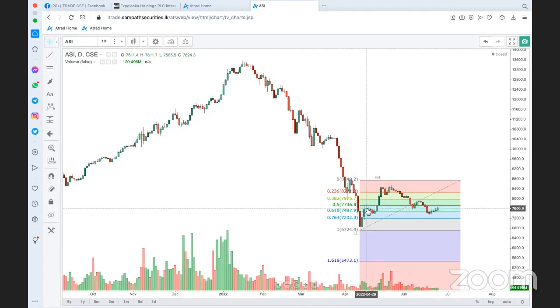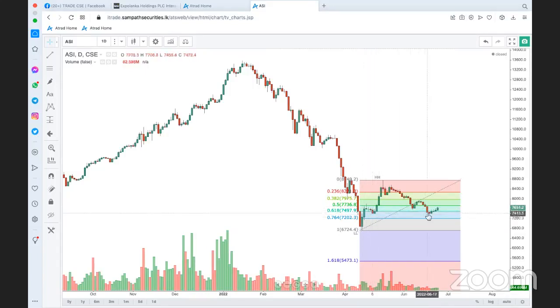So in my case, what I do at a time like that, and if I'm using this retracement tool only once, with a single drawing, then I will be using this and this as the support zone.